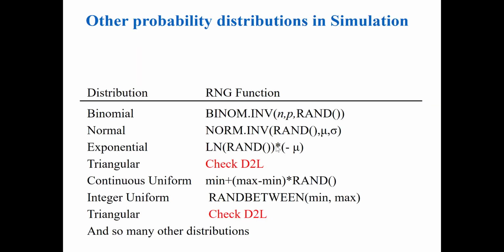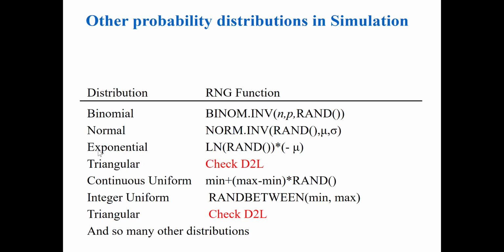Here are some of the well-known probability distributions that we can use. Binomial: if you want to generate a binomial value, you can use the function called BINOM.INV, with n, p, and RAND. So n is the number of replications, p is the probability of this binomial, and so on. So you can find the details. This is the normal that we already saw.